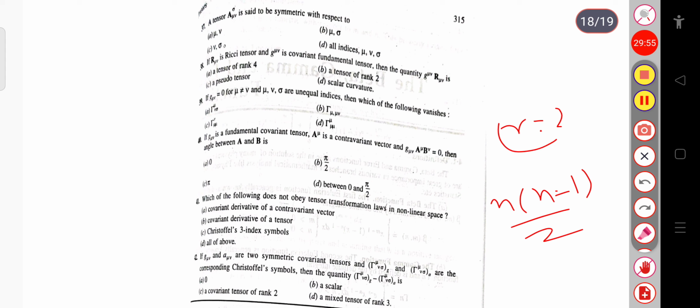This is your rank 2, but you have to check the dimension. If n equals 4, then simply substitute the value. This type of question is basically asked in your SSB exam.